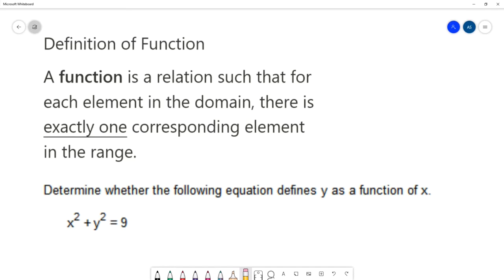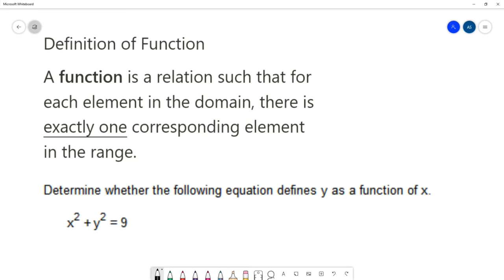So when we have an equation like this, and we're trying to determine if y is a function of x, we want to rewrite this equation as y equals some equation of x.